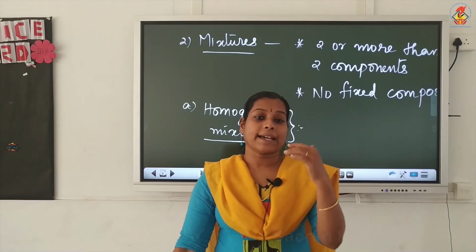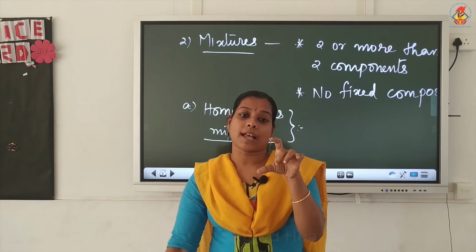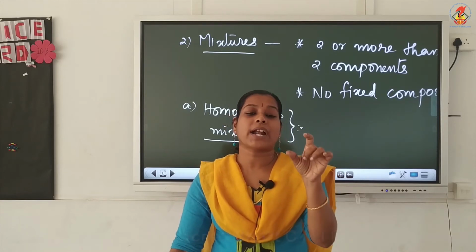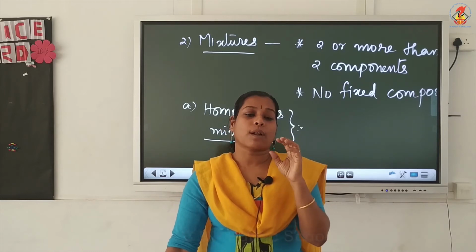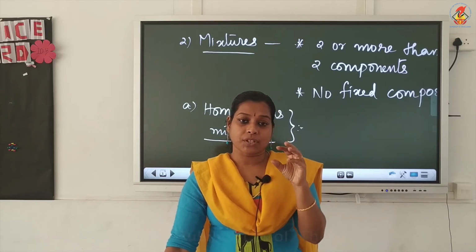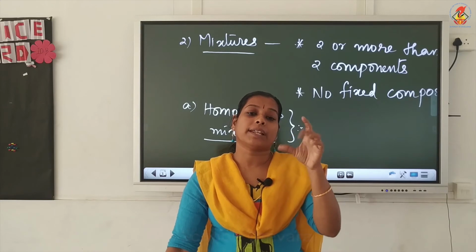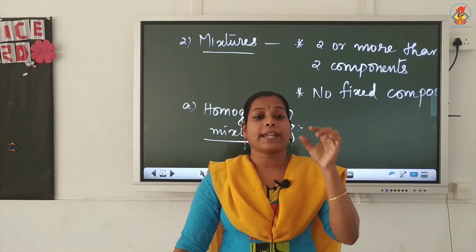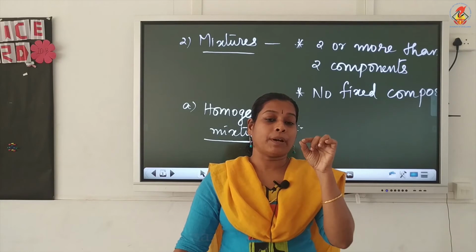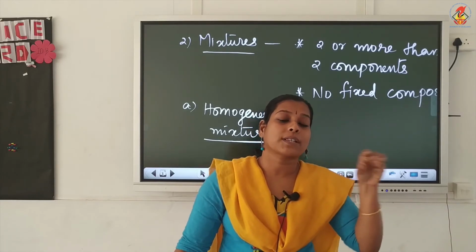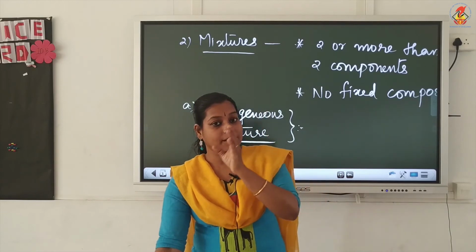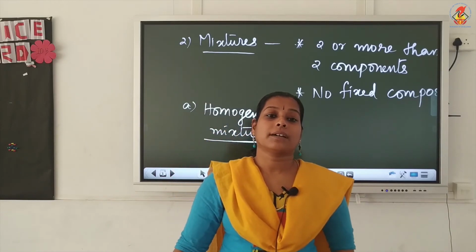If you take one glass of water, dissolve one teaspoon of salt in it and make the salt solution, after completely dissolving, can you identify any position or any particular point where more salt is concentrated and less water is concentrated?